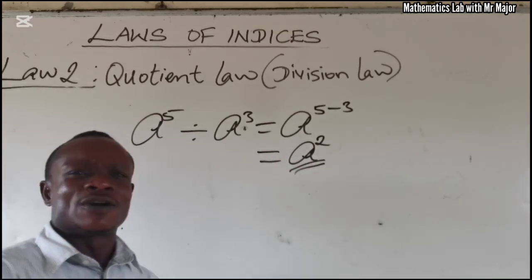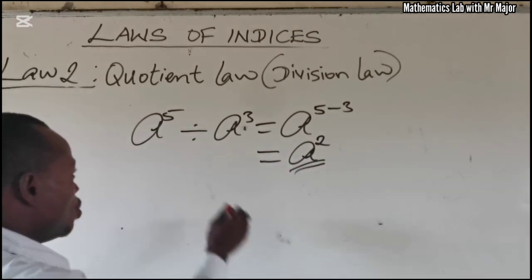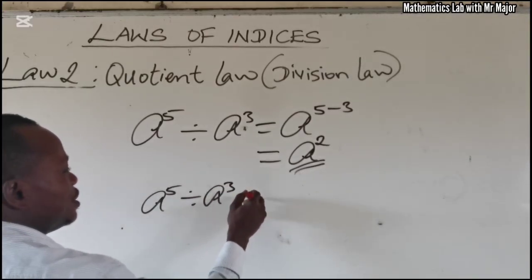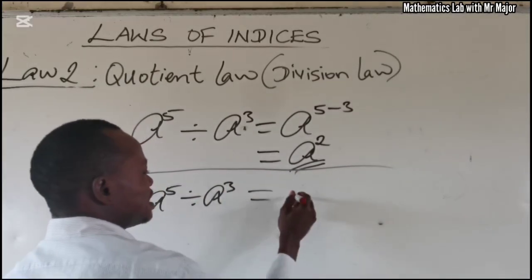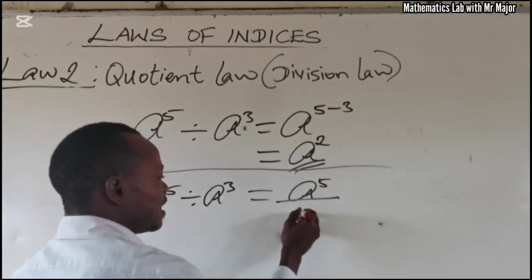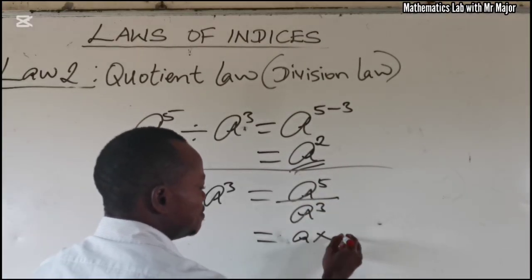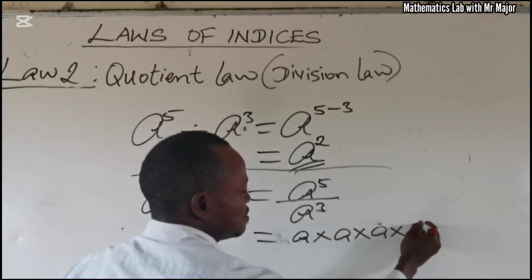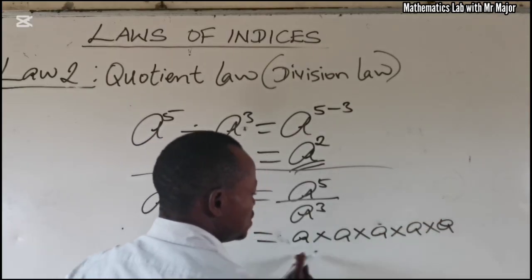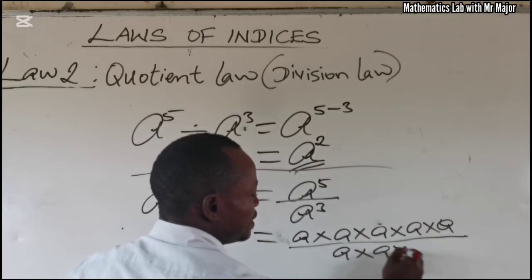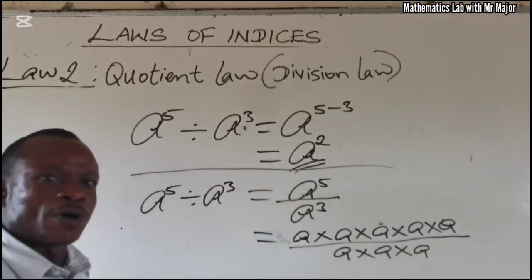Again, I will explain it with the conventional method. Usually, a raised to power 5 divided by a raised to power 3 is the same thing as a raised to power 5 over a raised to power 3, which will be a times a times a times a times a, which is the a raised to power 5, divided by a times a times a, which is the a raised to power 3.